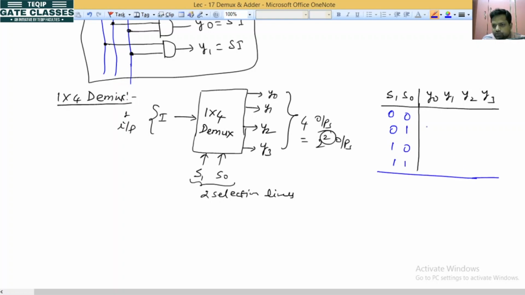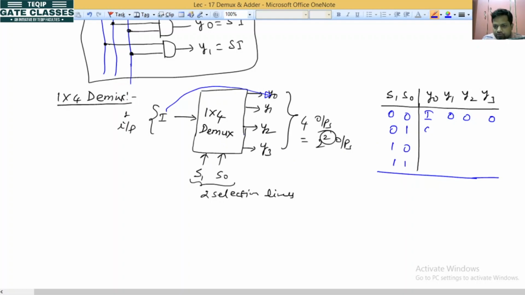Okay. Now when S1 S0 is 0 0, then I will be transferred on output Y0. So it will be I 0 0 0. When S1 S0 is 0 1, then I will be transferred to Y1.